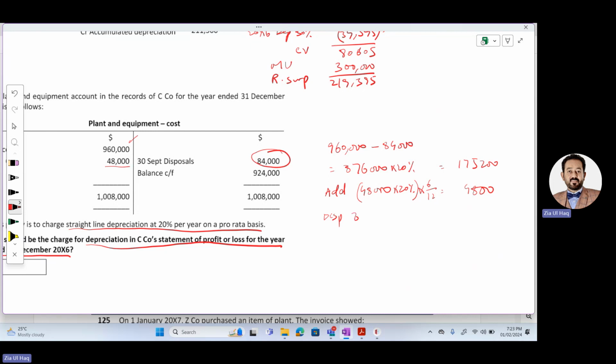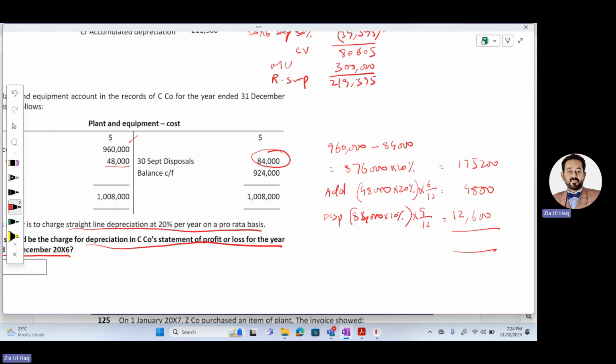So against this 84,000, depreciation rate is 20%, and we charge 9 months, which is 12,600.